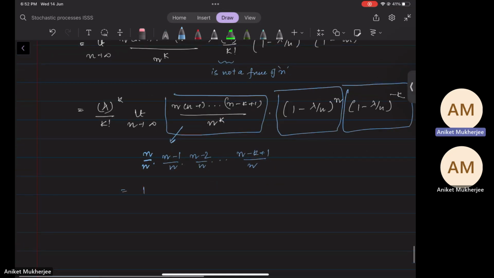And this you can write as 1 into 1 minus 1 by n into 1 minus 2 by n into so on till 1 minus k plus 1 by n.